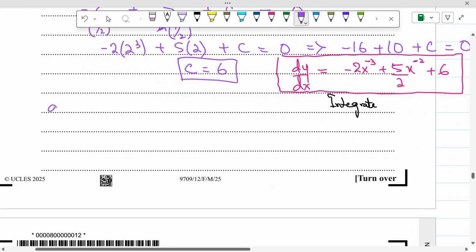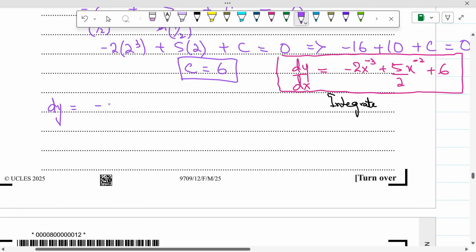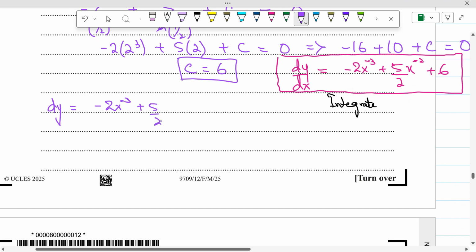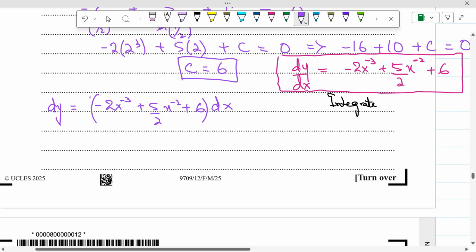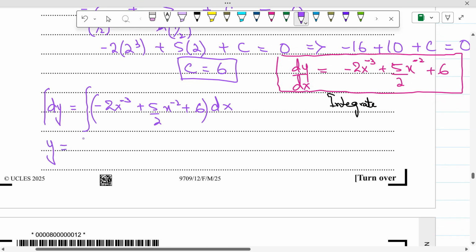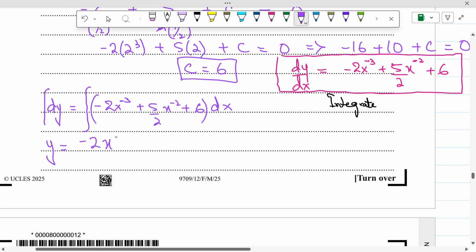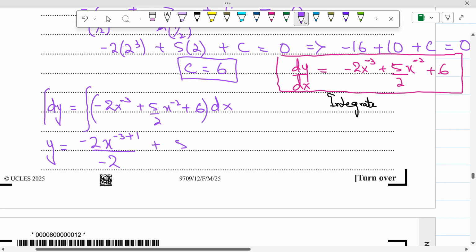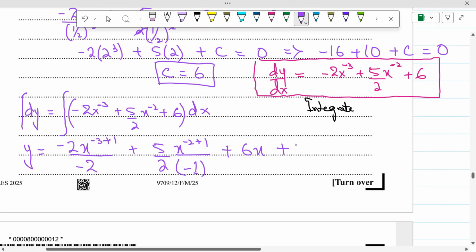So this equation can be written as dy is equal to negative 2x to the power of negative 3 plus 5 over 2x to the power of negative 2 plus 6, multiplied by dx, and then integration. So we will have y is equal to negative 2 times the integration of x to the power of negative 3, which is x to the power of negative 3 plus 1 over negative 2, plus 5 over 2 times x to the power of negative 2 plus 1 over negative 2 plus 1, which is negative 1, plus 6x, and in this case the constant will be k.